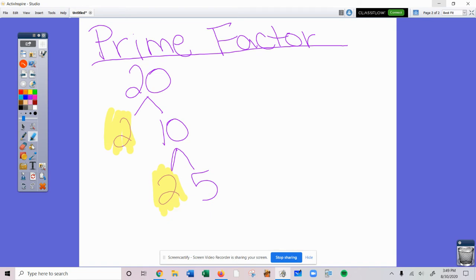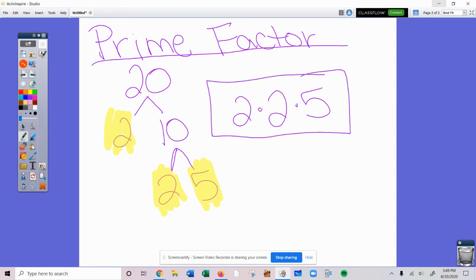And if we try and split up 5, 5 can't go any further either. It's just 1 times 5. So all of these numbers that we get at the end that we can't split up any further make up our prime factorization. So we would say that 20 prime factors into 2 times 2 times 5.